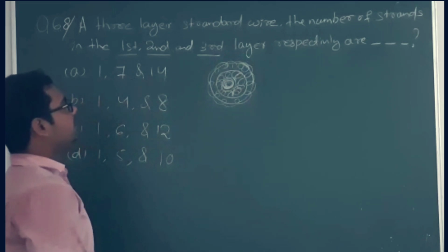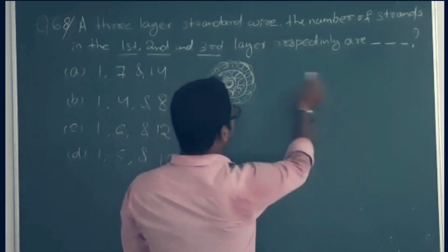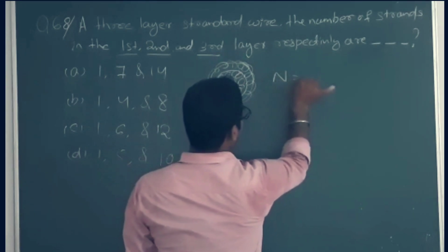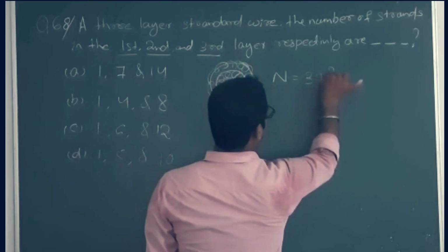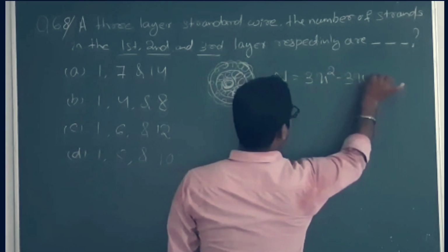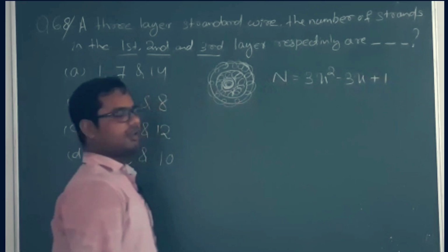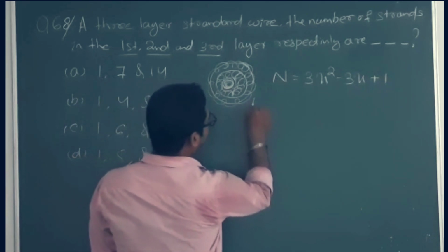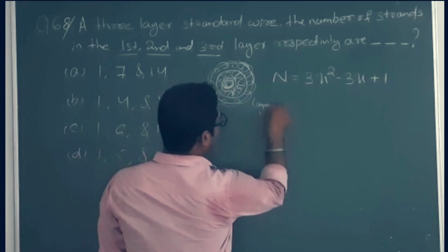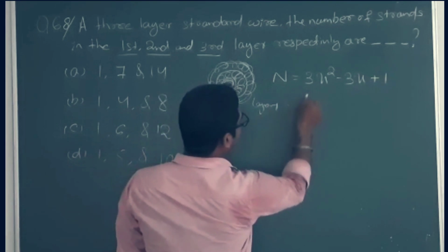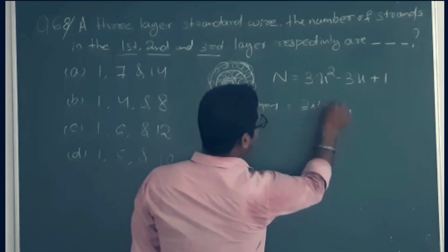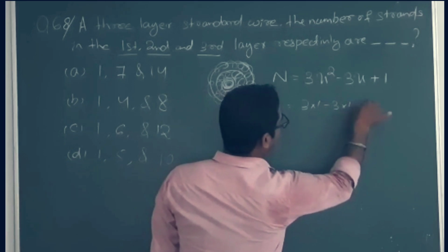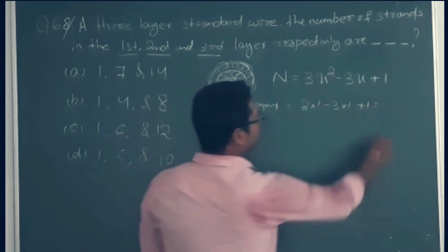Okay, so in this figure, the formula is n equal to 3x squared minus 3x plus 1. For layer 1, the number of conductors will be 3 into 1 minus 3 into 1 plus 1, so it will be 1.